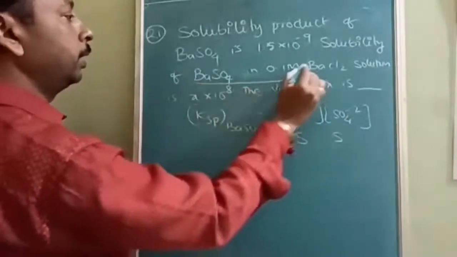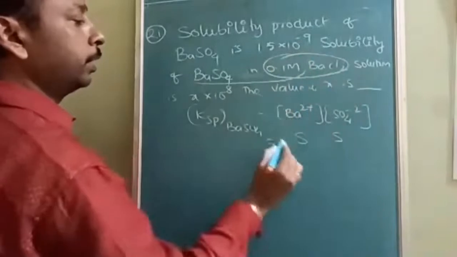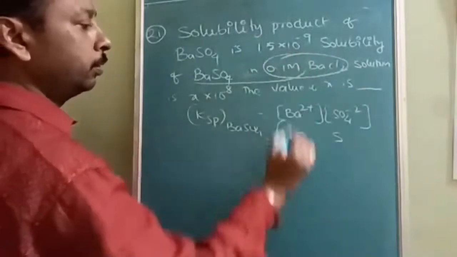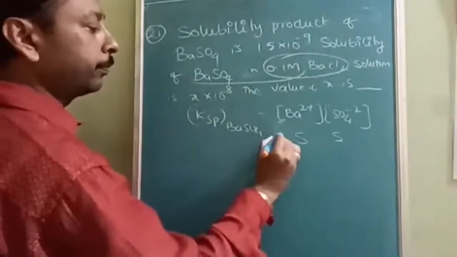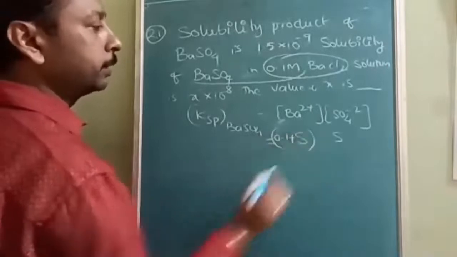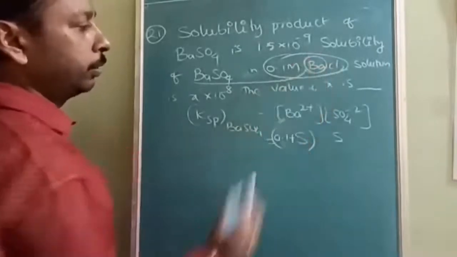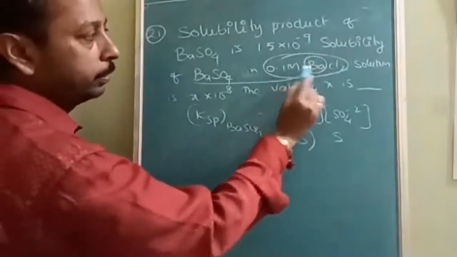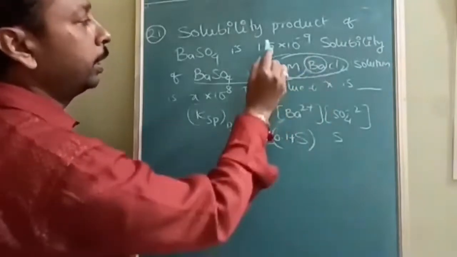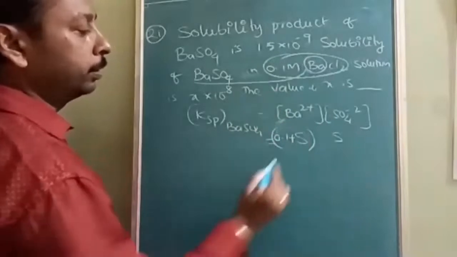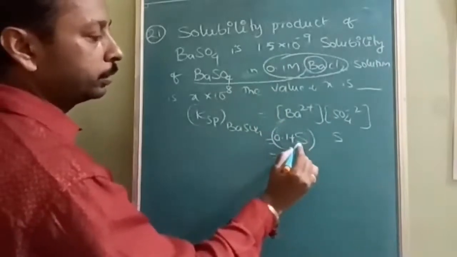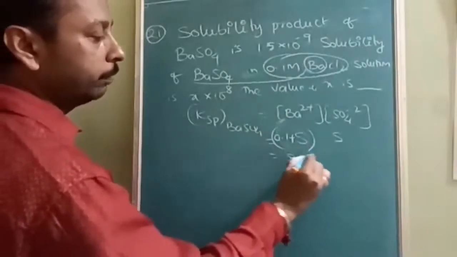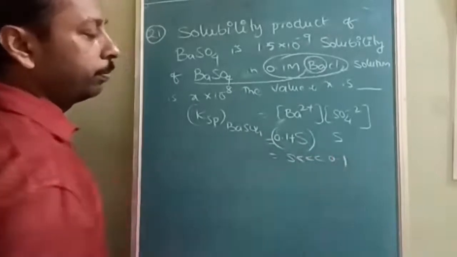But BaCl2 is added, so this will be 0.1 plus S, because this is also giving the common ion Ba2+. This is giving 0.1 barium, and the solubility is S. Here you can neglect S because it is very small compared to 0.1.